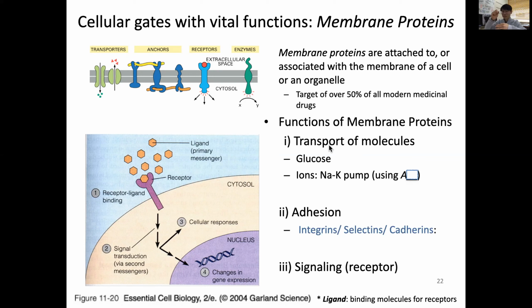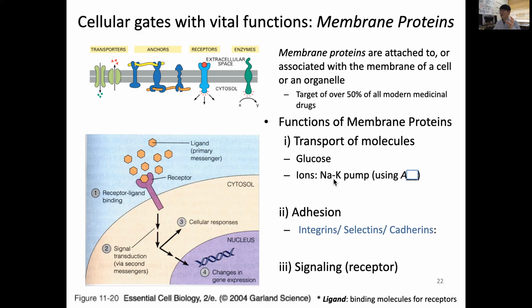Glucose, even if it's small, cannot pass through the cell directly. It needs a glucose transporter. And ions such as sodium and potassium are very important ions, which also pass through ion channels.